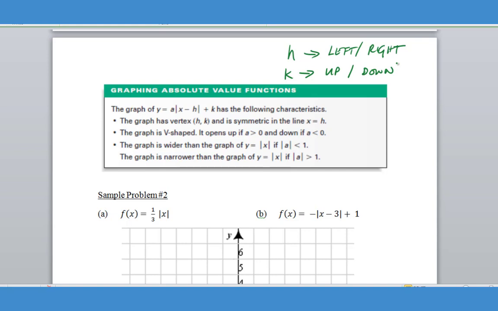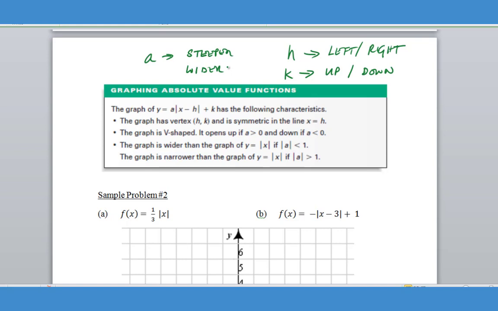And then finally, the a value in front of the absolute value bars is making the graph steeper or wider. And we can call this compression or stretching. I like to use the more generic terms of making it steeper, making it a little bit wider. I think that makes a little bit better understanding of what's going on with the graph itself.